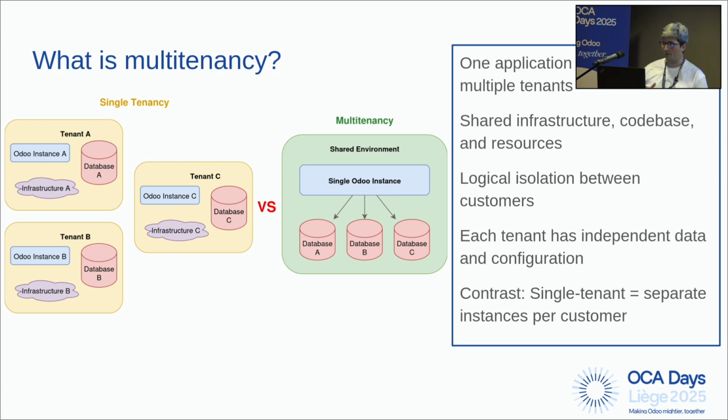Multitenancy is the apartment building where residents share common infrastructure but have private spaces. The diagram on the slide illustrates this, showing how multiple tenants coexist on a single platform while maintaining independence. For our 78 local authorities, this means they all run on the same Odoo instance, but they only see their own data.